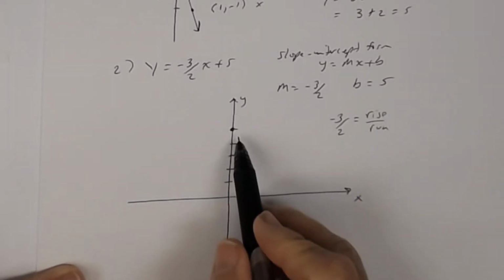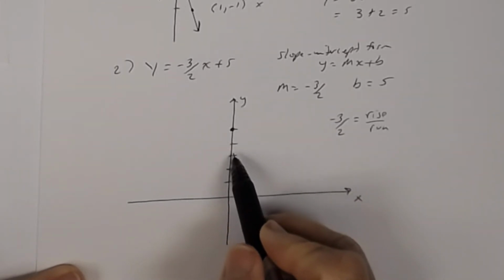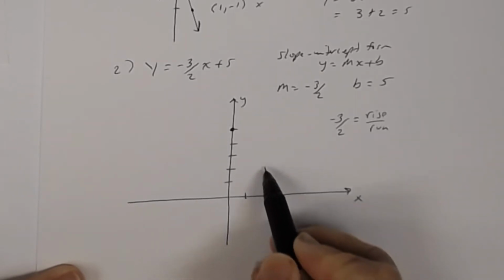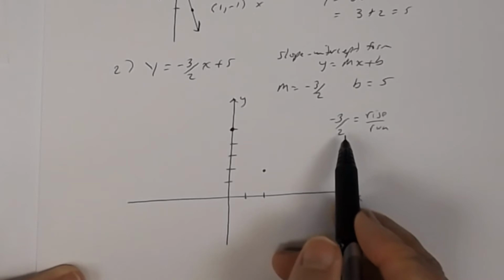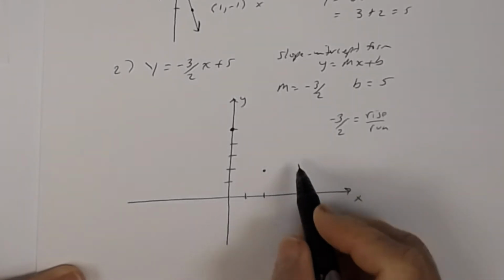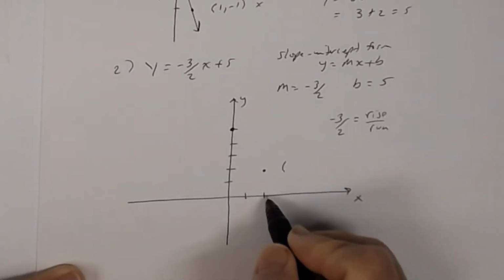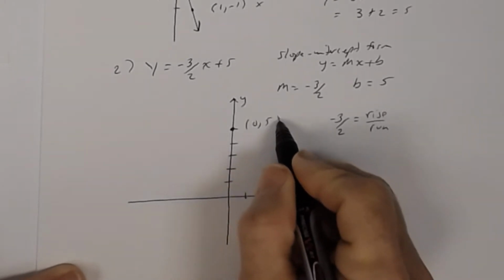So basically, you have to go down 3. The rise is negative, so you have to go down 3: 1, 2, 3, and then to the right 2: 1, 2. And so basically, if you were using slope-intercept, I would see this point here. So I would see you tell me that this is the point (2, 2). And this is (0, 5), because it did say label.